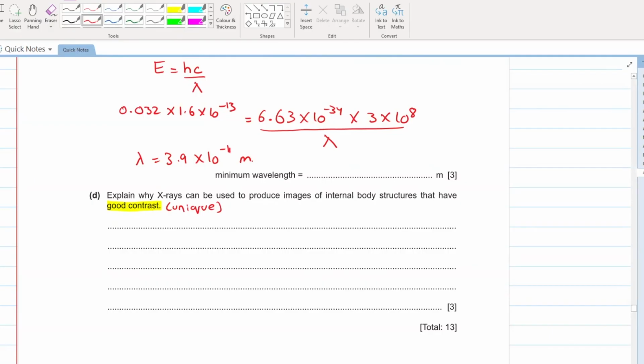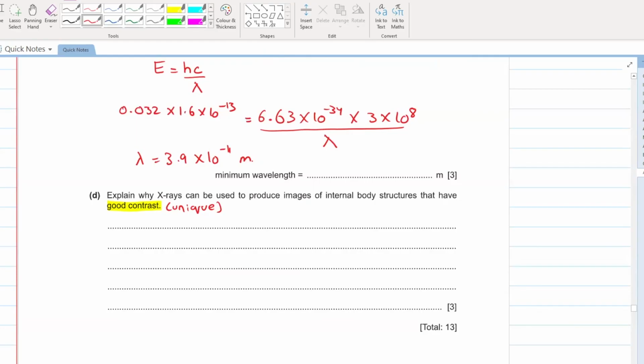Because objects that have a good contrast have different attenuation constants. Hence, the transmitted intensities across them are very different. Hence, we can produce a contrasting image.